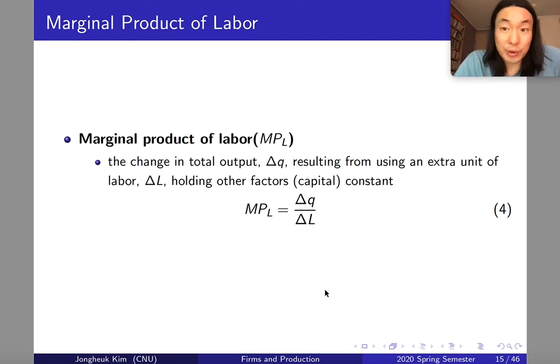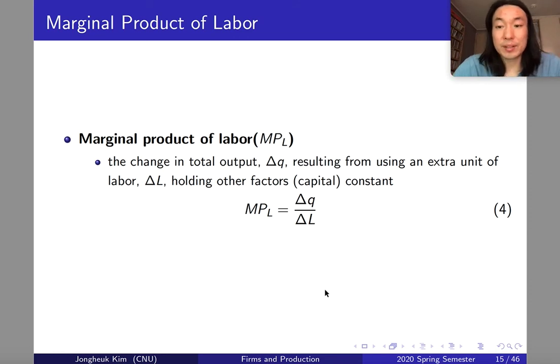Delta means the change of Q, the change of the total output, which results from using an extra 1 unit of labor, the change of labor, holding the other factors like capital or technologies or any materials or the environment constant, the same. Okay, so if everything else is the same, the change of total product caused by changing 1 unit of labor is the marginal product of labor.